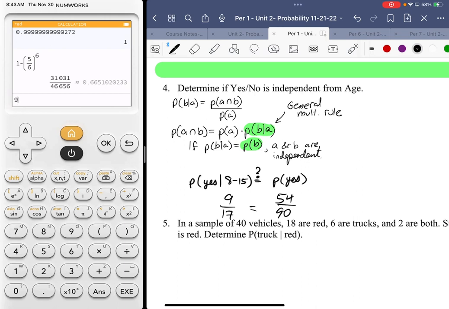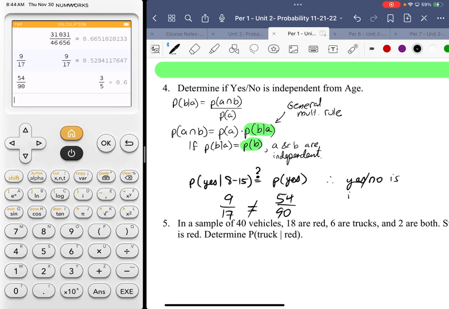I mean, sometimes it's obvious when you look at it, and sometimes you just want to get the decimal value. So we're around 0.5 for one of them and around 0.6 for the other. So these are not equal. And because of that, therefore, yes, no is dependent on age.